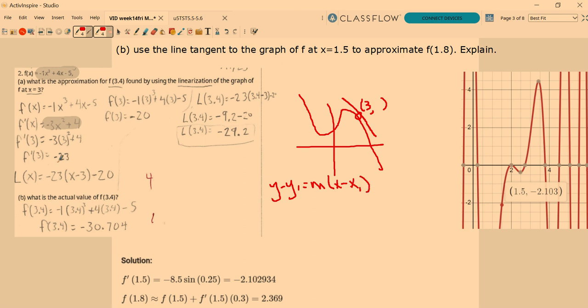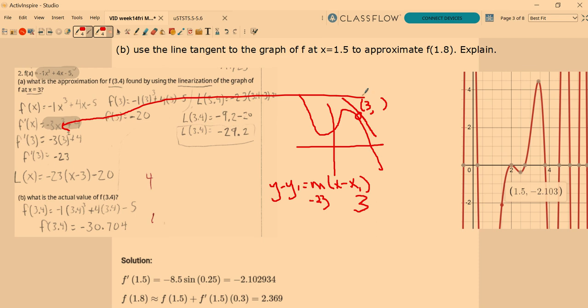So this negative 23 that we got through plugging in 3 into the derivative goes right here, and we have the x-coordinate, which is 3. We just need the y sub 1.